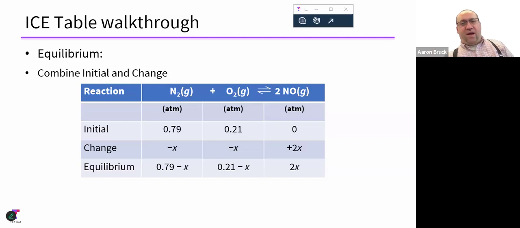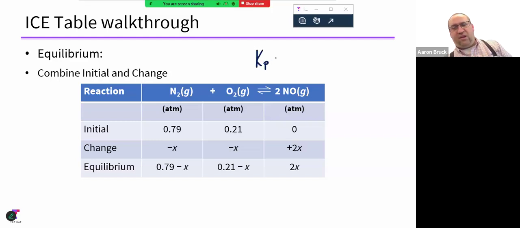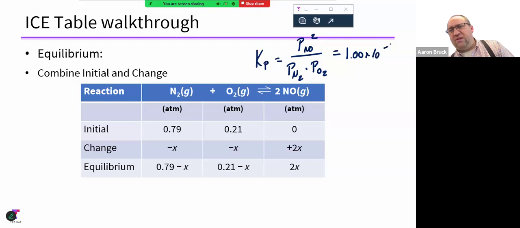But what we have to keep in mind is that we do have an equilibrium constant for this, and the value of that constant was given to us at the beginning of the problem: 1 times 10 to the negative fifth.